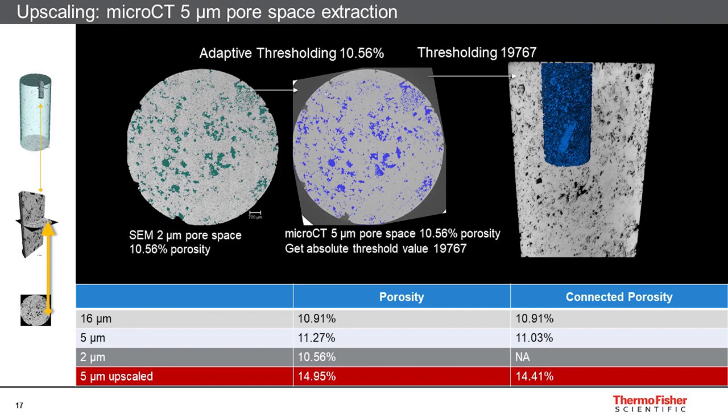Upscaling is done with the adaptive thresholding module. As we have the same exact slice at two different resolutions, we can input the 10.56% porosity value obtained from the SEM on the microCT slice. We then obtain an absolute threshold value that we can report on the entire subplug with a global thresholding.